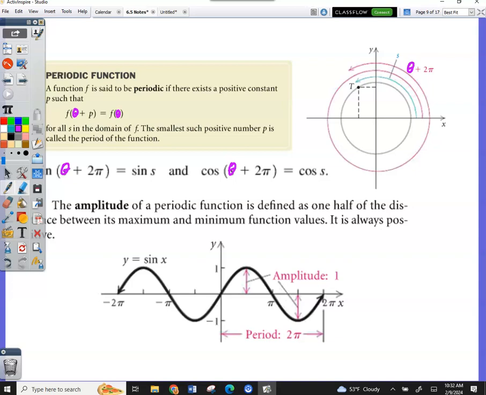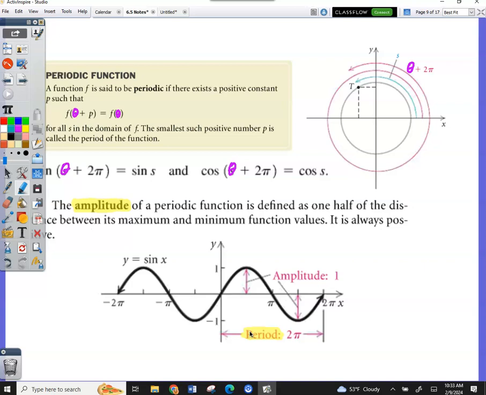Here's what you need to highlight. You need to highlight amplitude. And where is it? Oh, right here. Period. I don't want to highlight periodic, because periodic is like a word to say, oh yeah, that graph is periodic. Great. Period is the actual math value. What's the period of sine and cosine? It's 2 pi.